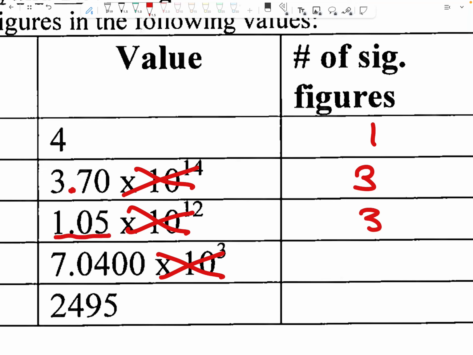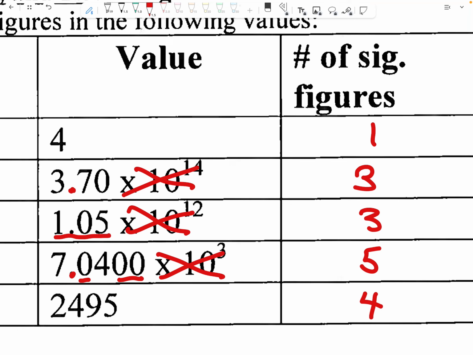That's 3 sig figs. 7.0400. These zeros are trailing zeros. They count. That 0 counts. We got a decimal there. So there are a total of 5. The number 2,495. All numbers count. They're all sig figs. There are 4.